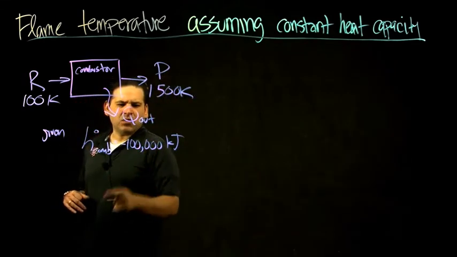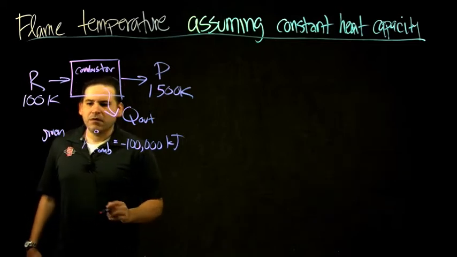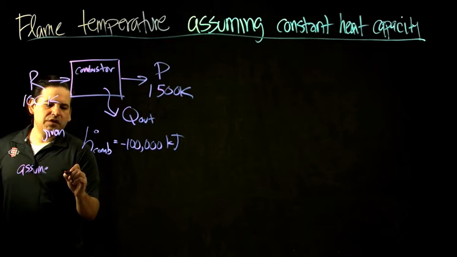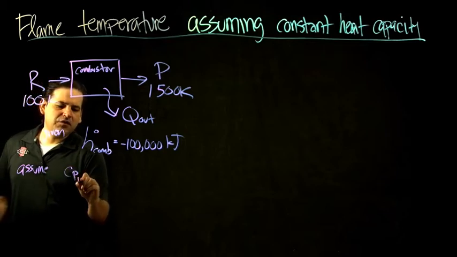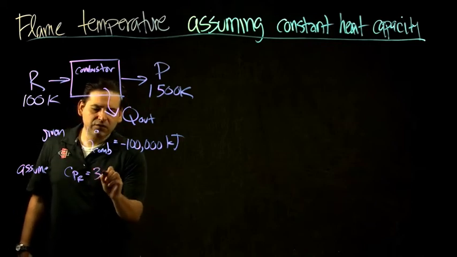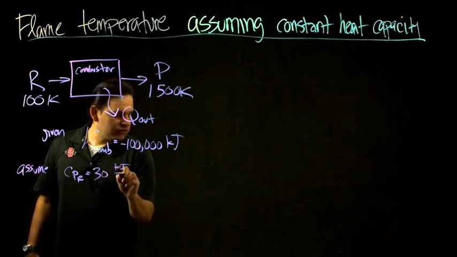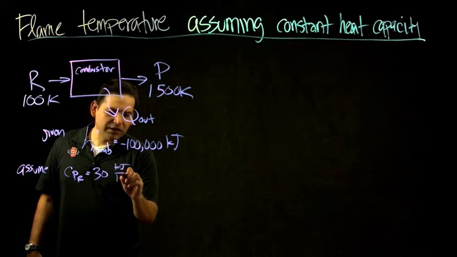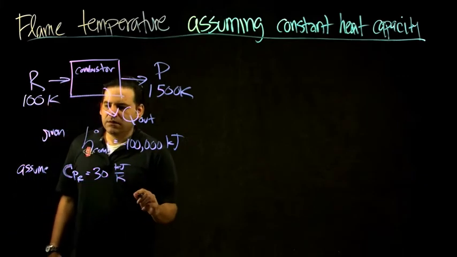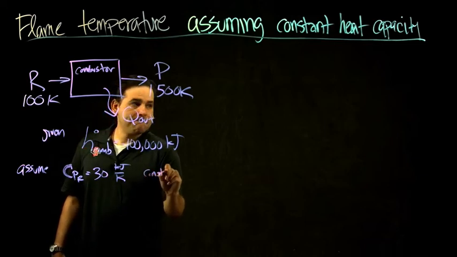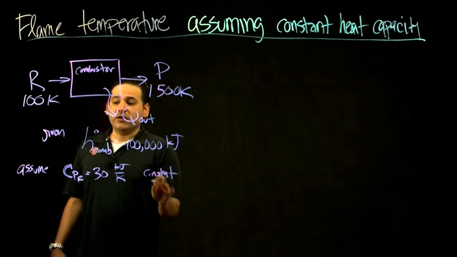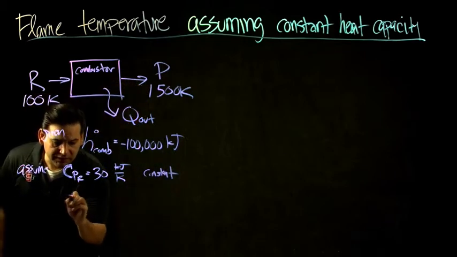This is a typical range of hydrocarbons, but also assume that Cp of the reactants is a constant value at 30 kilojoules per Kelvin. This is a big Cp, constant. And this is also a typical value. So these are typical values you would see.